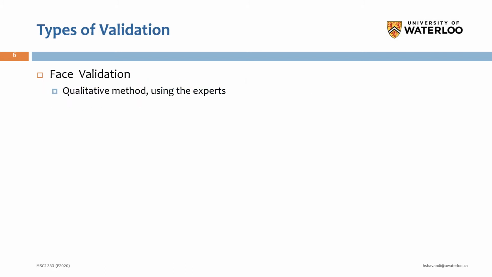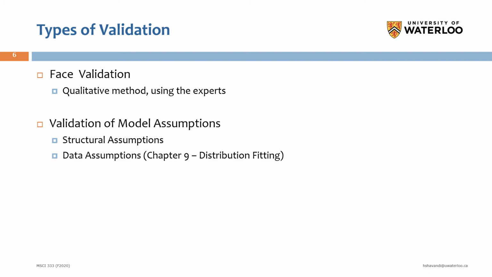So let's see what types of validation we have here. The first one is face validation. It's a qualitative method, and here we use the experts. Experts will see our simulation model, its behavior by animation, let's say, or by looking at the process and the results, and then they can judge this behavior by comparing it to the real system. The second one is validation of model assumptions.